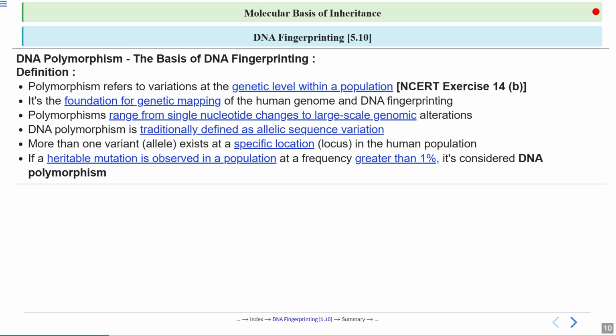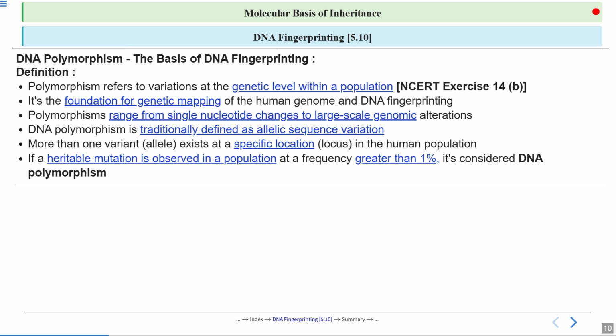So this usually involves allele sequence, like one gene can have multiple forms, multiple alleles in that population only. So DNA polymorphism is traditionally defined as allelic sequence variation, because we know that one gene can have multiple forms. Multiple forms means different alleles in the population.